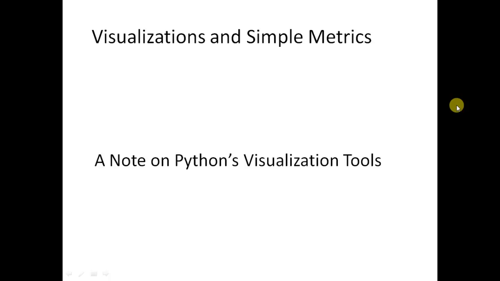In this lecture, first I am telling you about visualizations and simple metrics. A rule of thumb for data science deliverables is this: if there is not a picture, then you are doing it wrong.